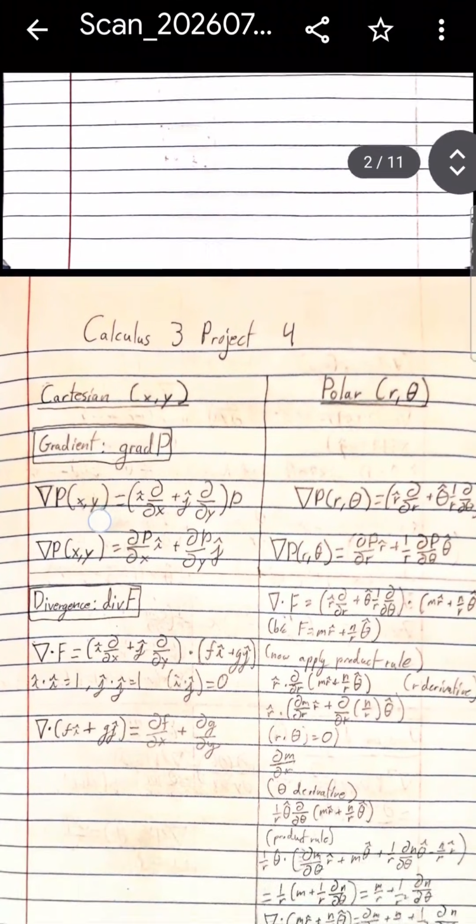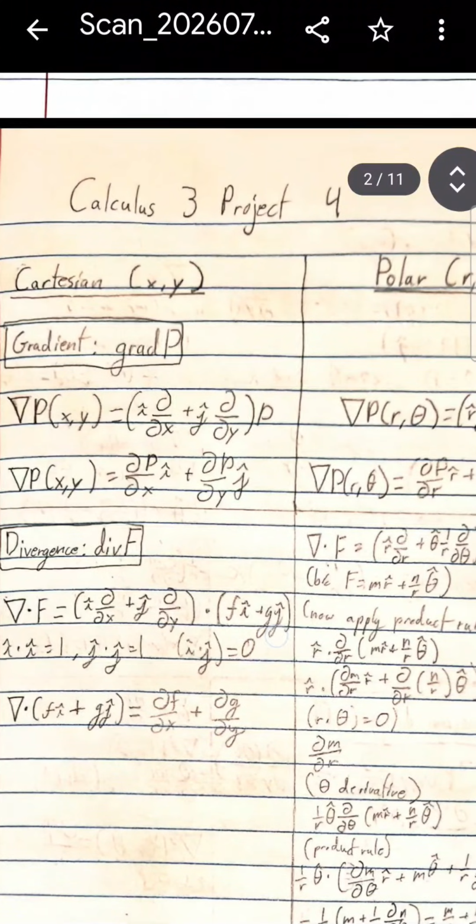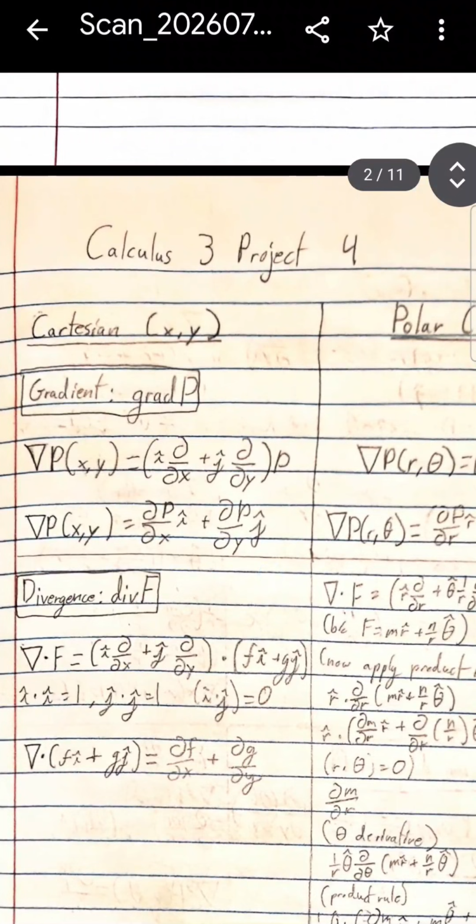So looking at the first table, the gradient of the scalar field p in Cartesian coordinates equals del p of x and y, the partial derivative of p with respect to x plus the partial derivative of p with respect to y.